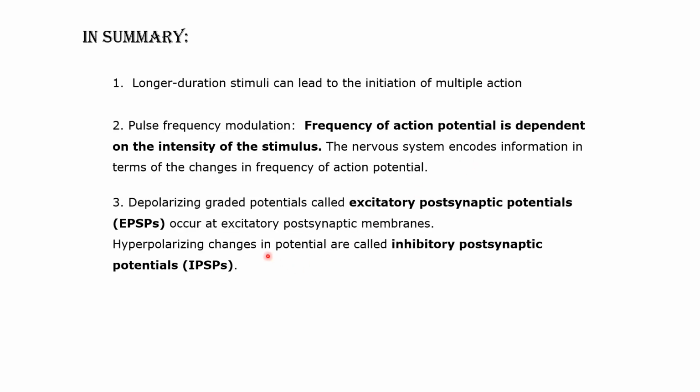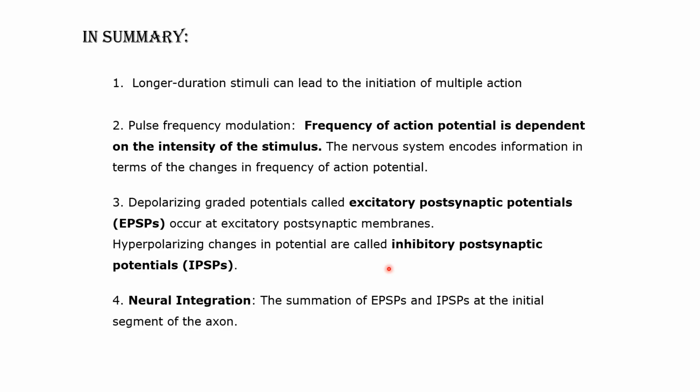The depolarizing graded potential called excitatory postsynaptic potential occurs at the postsynaptic membrane, whereas the hyperpolarizing changes in potential, which are called the inhibitory postsynaptic potential, occur at the inhibitory postsynaptic membranes. And according to the principle of neural integration, the summation of the EPSPs and IPSPs which reach a particular postsynaptic neuron determines whether that neuron will be stimulated and an action potential will be generated and passed on down the neuronal tract.